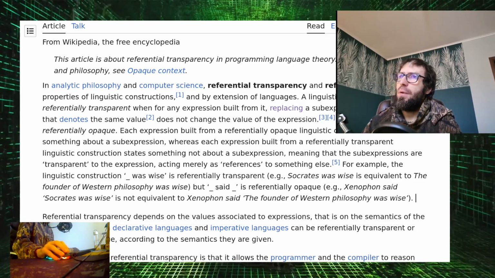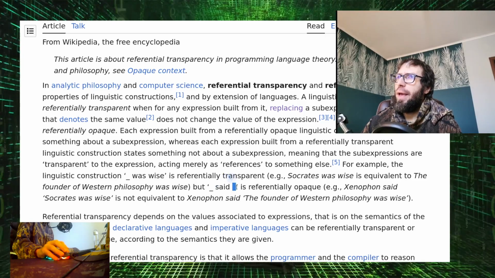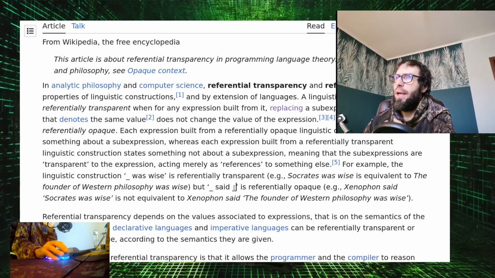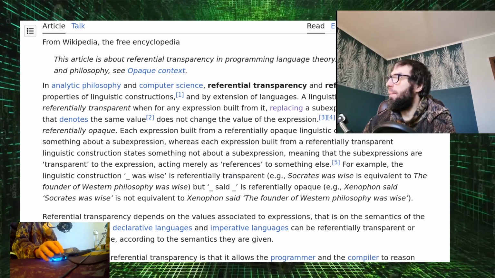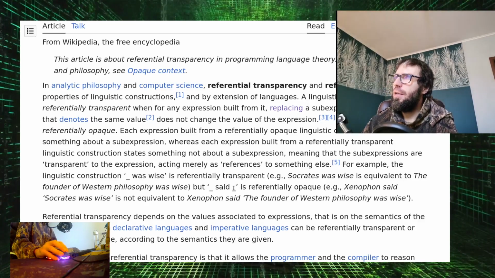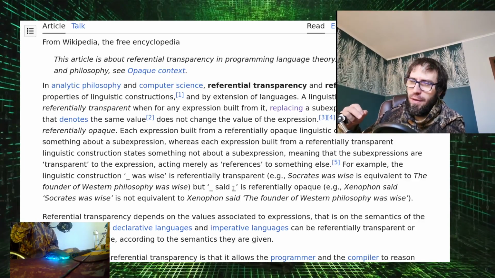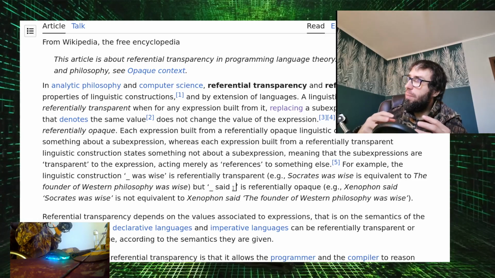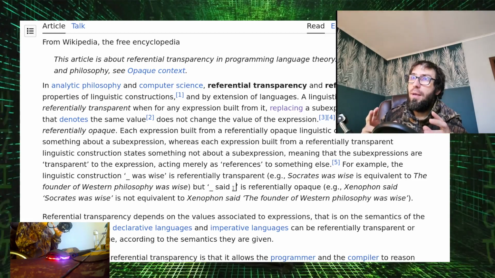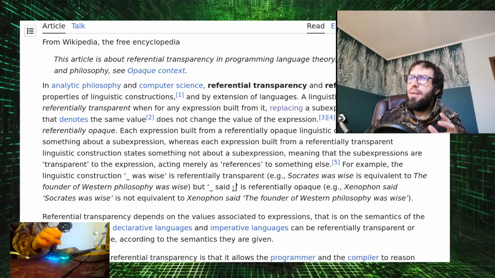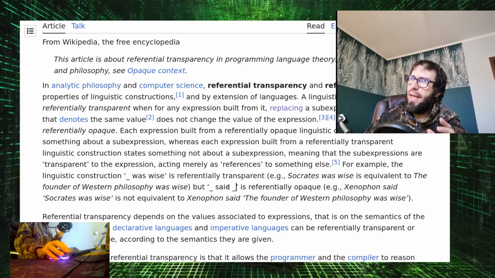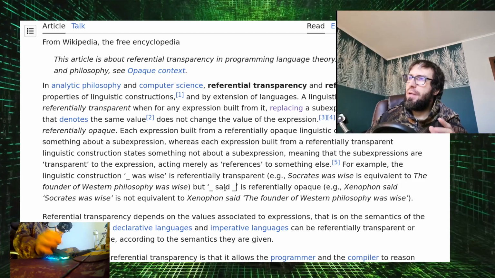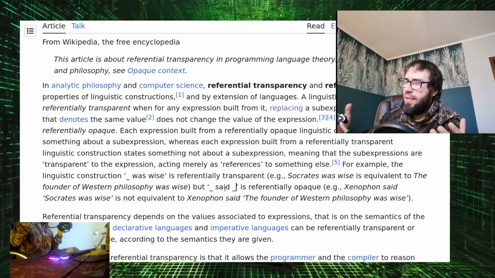For example, here the word "said" literally uses everything that is substituted under this underscore. And if you place something else which maybe has the same meaning but a different syntactic form, actually this relation to this "said" phrase transforms the meaning of the whole sentence.